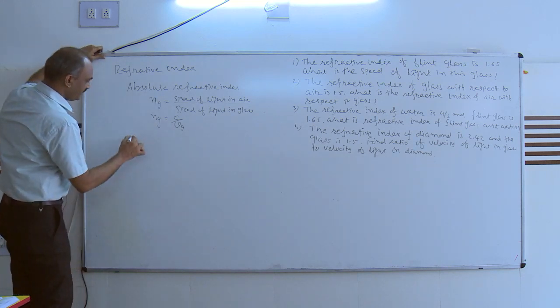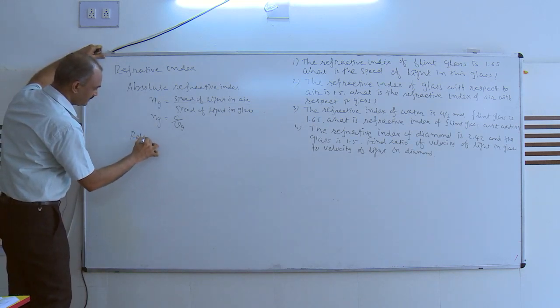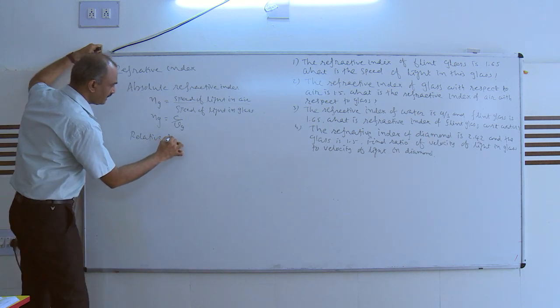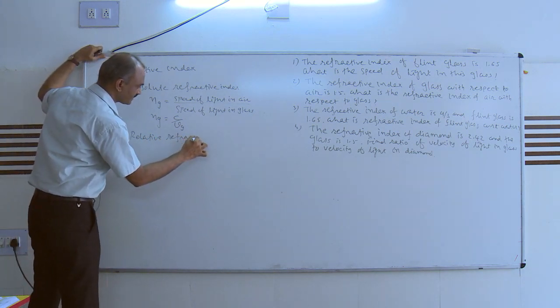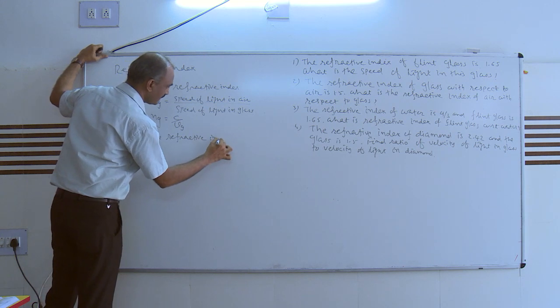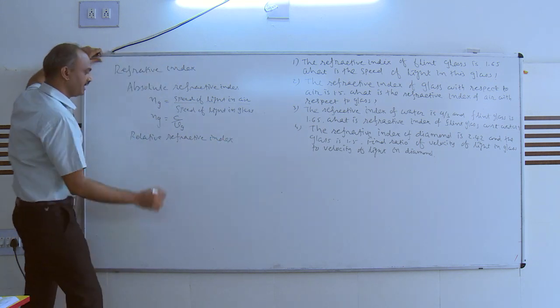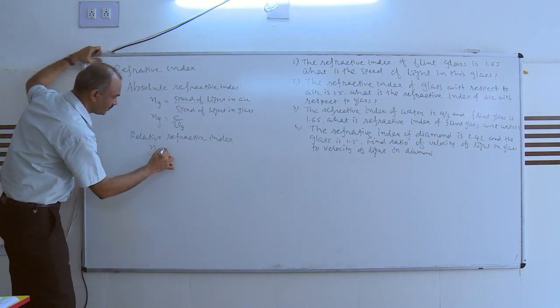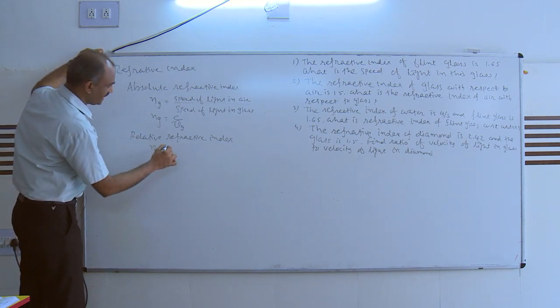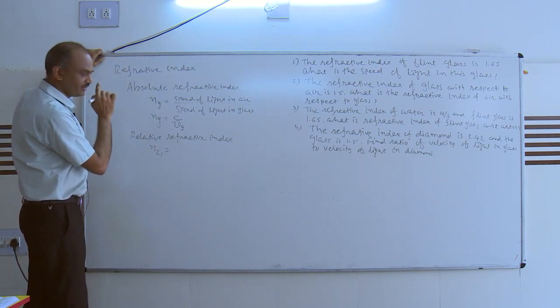Similarly, we defined the relative refractive index. The relative refractive index we define as n21, the refractive index of medium 2 with respect to medium 1.